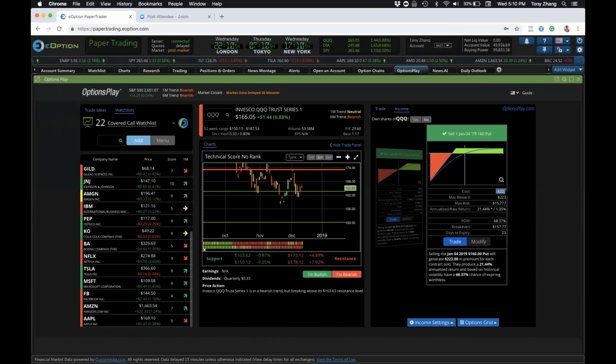It does require you to have substantially more cash, because if the stock goes below 160, you now own 100 shares at $160. So you need 16 grand in your account to do this, unless you're in a margin account. But still, you need a substantial amount of margin to sell a put. But if you want to own the stock anyway, it's a really good alternative to just buying the stock outright, because you don't get paid to put in an order to buy the stock. You do get paid to sell a put.